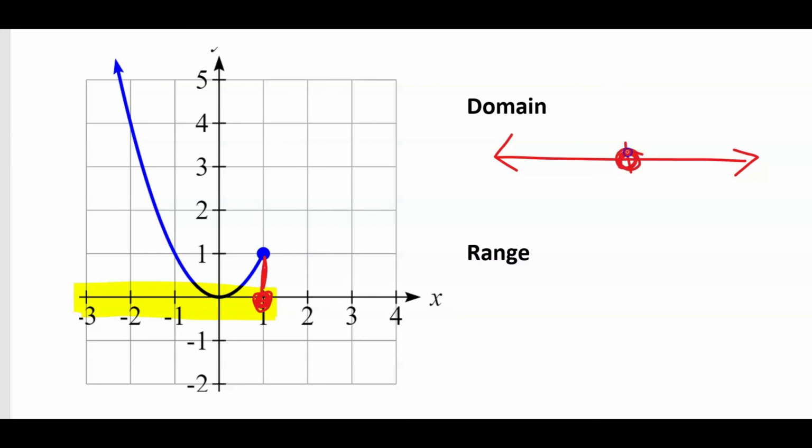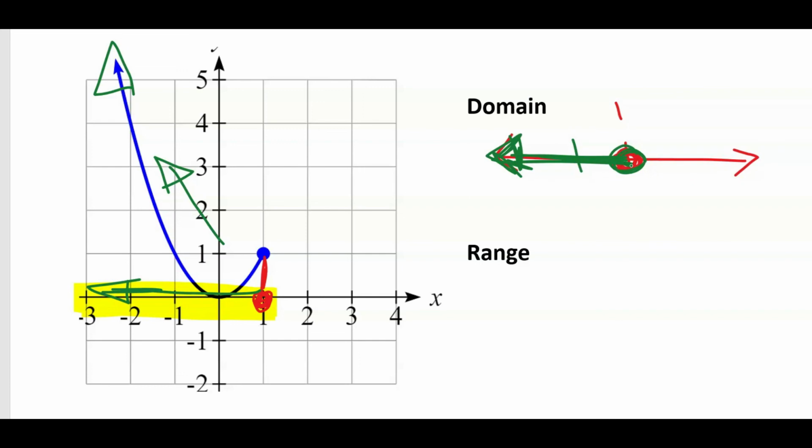They have a closed circle at positive 1, and I would usually shade to the left. All the values of this graph go to the left right here, and you'll notice there's an arrow that points up, that means that my graph is going in an upward, up to the left direction forever. If it was on a number line, it would look like this. Everything to the left is less than positive 1.